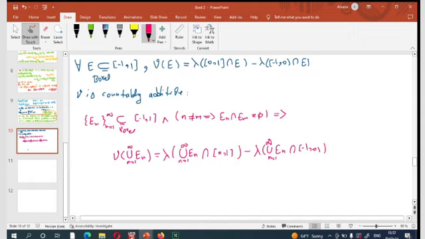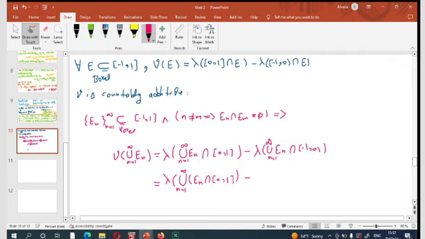Now it is equal to the first term equal to this union intersection of E and 0 1, okay, n from 1 up to the infinity.